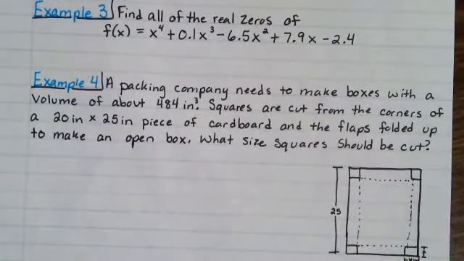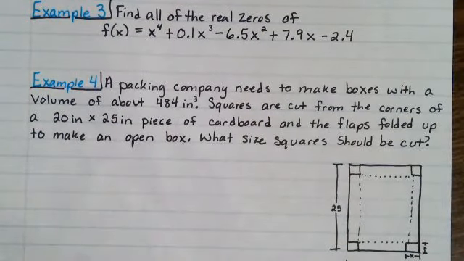So let's see, we've got another example we're going to look at together here, actually a couple more in a row. In this one, it says to find all the real zeros of my function, and they give me a pretty ugly function. So in this situation, I would resort to using a graphing calculator.